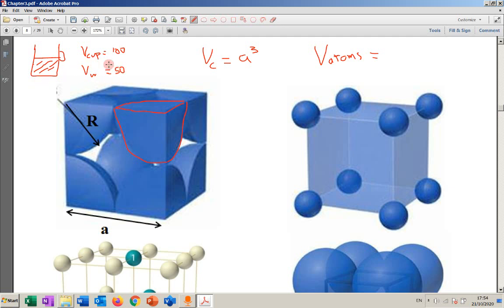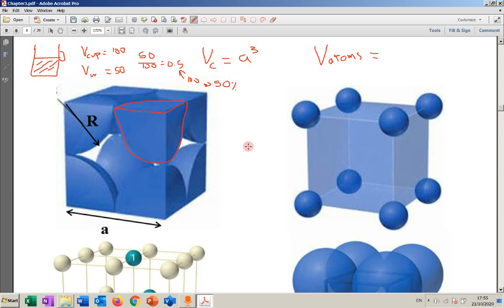Now, is this cup full? No. Is it half full? Yes. 50 over 100 is 0.5. If I multiply this by 100 to make it a percentage, I can say that 50% is full, because half of the cup is full.